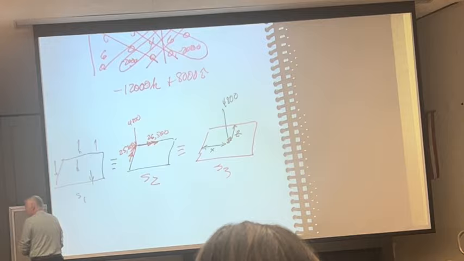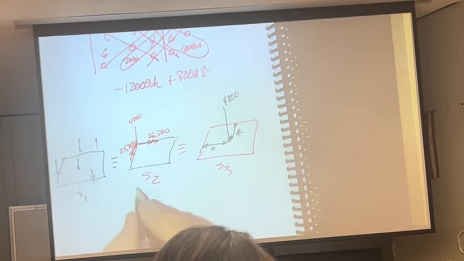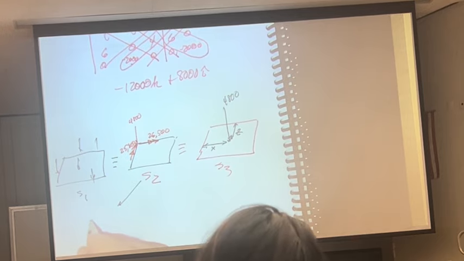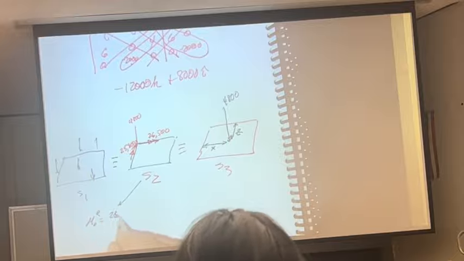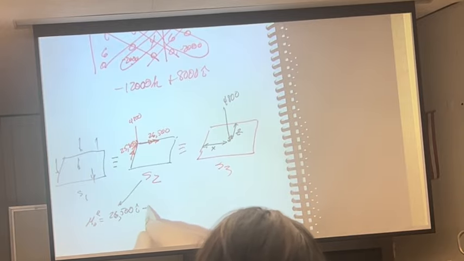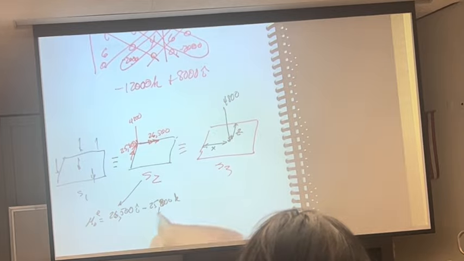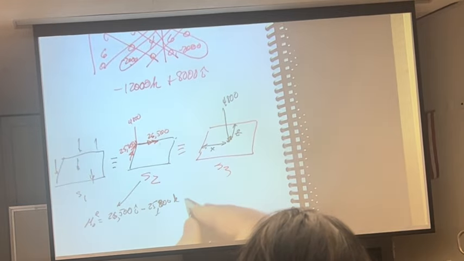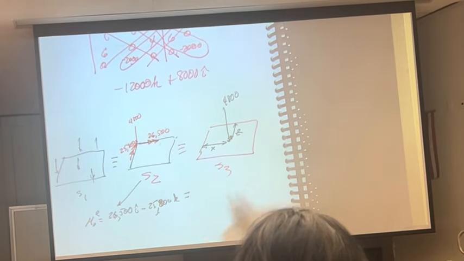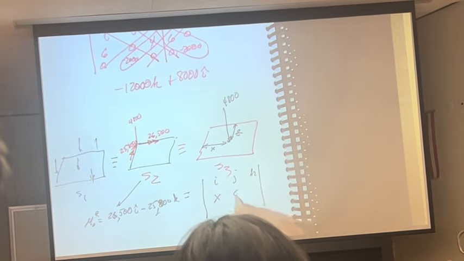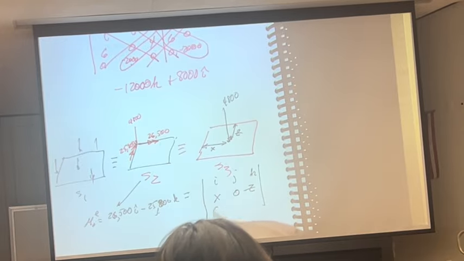So how do I do that? What is the moment here? The moment in system 2, moment O resultant, is 26,500I minus 25,800K. Agreed? That's the moment being generated. This must equal the moment here. This moment is x, 0, z, crossed with the force 0, minus 4,800, and 0.